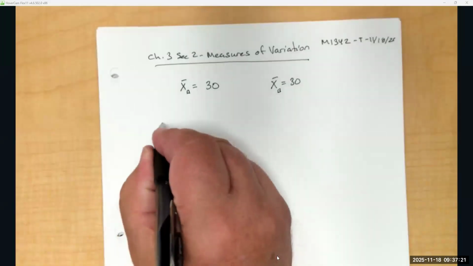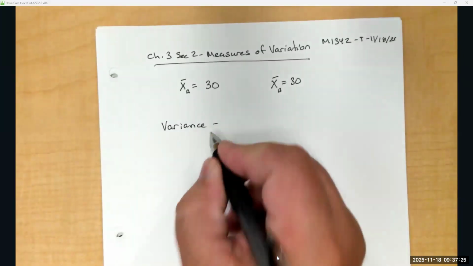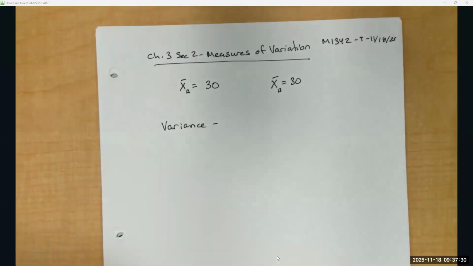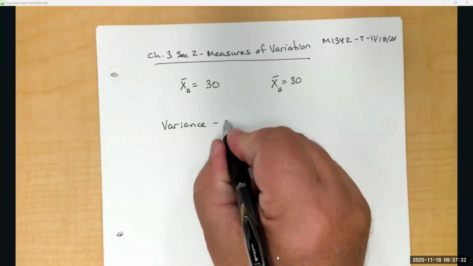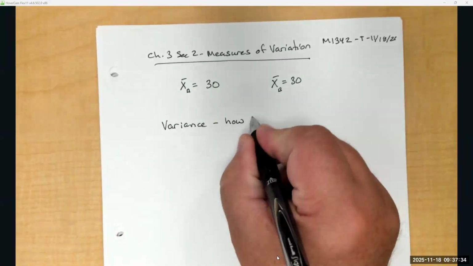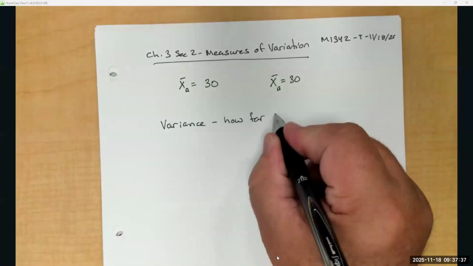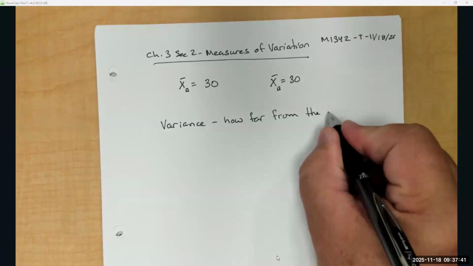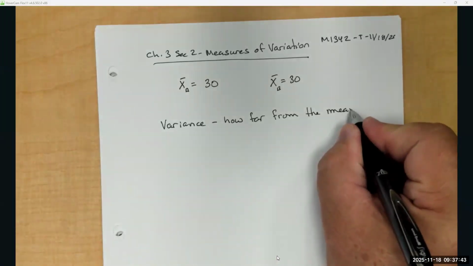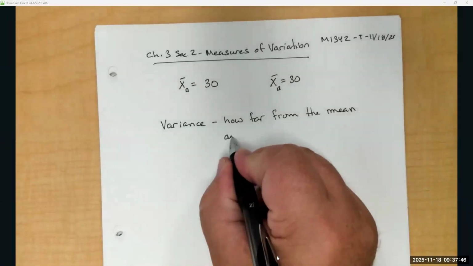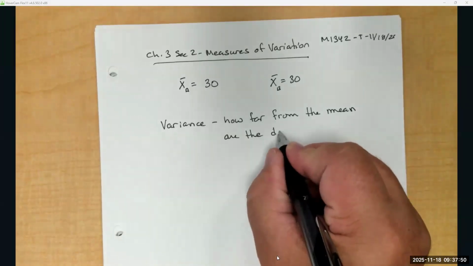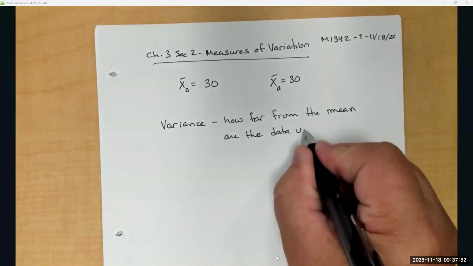So variance discusses how far from the mean are the data values.